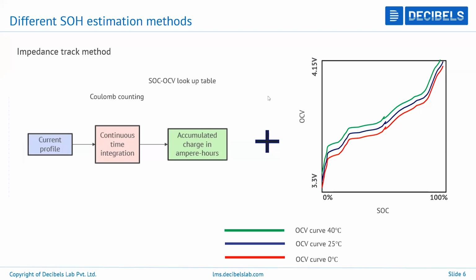Yeah, I think Vinayak, we can move to the next section. Right. So thank you, the participants, for taking that quick poll. Amongst all the methods that we see here, the simplest one, or the most preferred one, is Coulomb counting. That is very simple to implement.